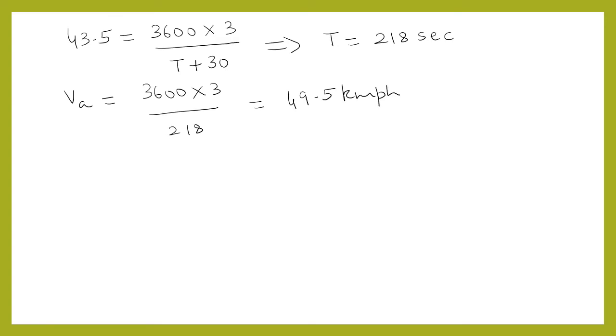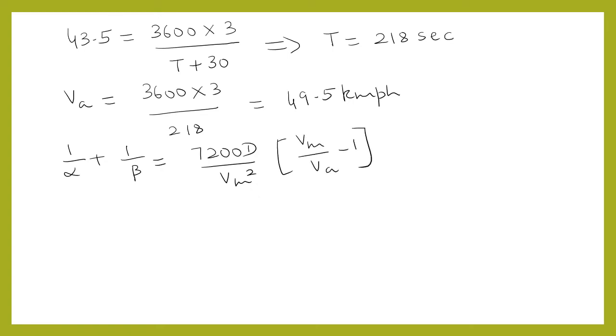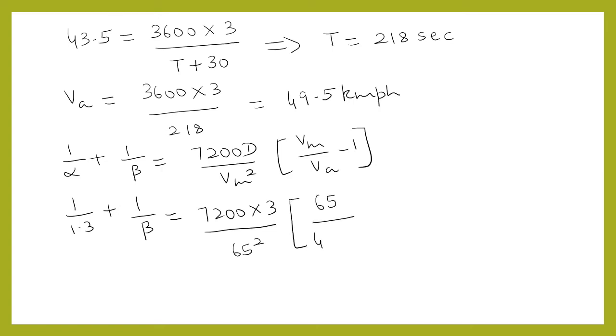So substituting the values in the equation of 1 by alpha plus 1 by beta equal to 7200 D by Vm square into Vm by Va minus 1, we get 1 by 1.3 plus 1 by beta equal to 7200 into 3 by 65 square into 65 by 49.5 minus 1.